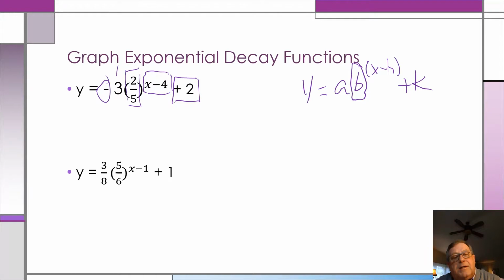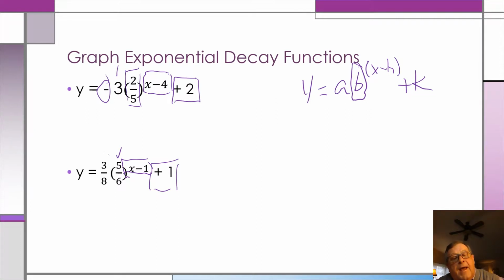In the second function, I've got a base, 5/6, less than 1 and greater than 0. We've got a horizontal translation to the right along the x-axis by 1 unit, and a vertical shift up the y-axis by 1.